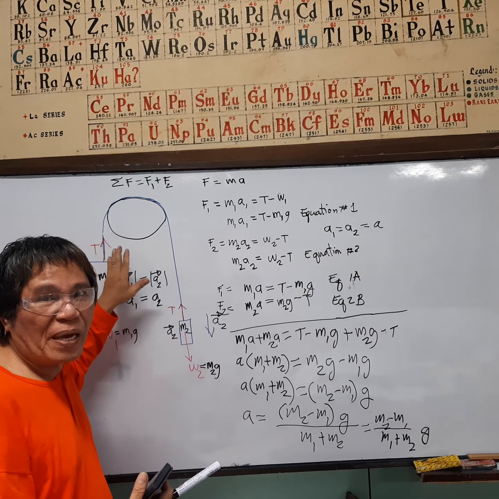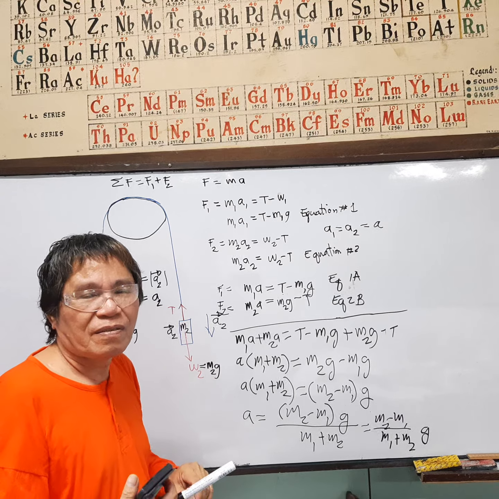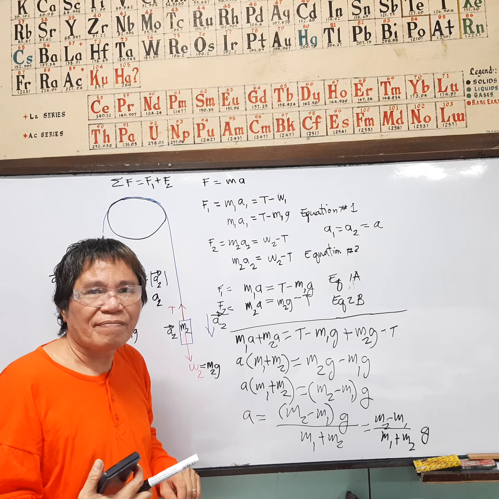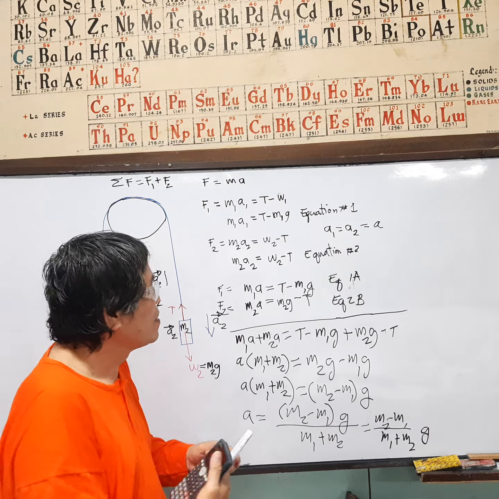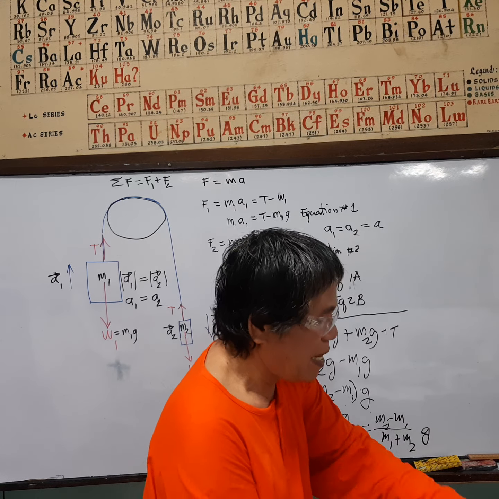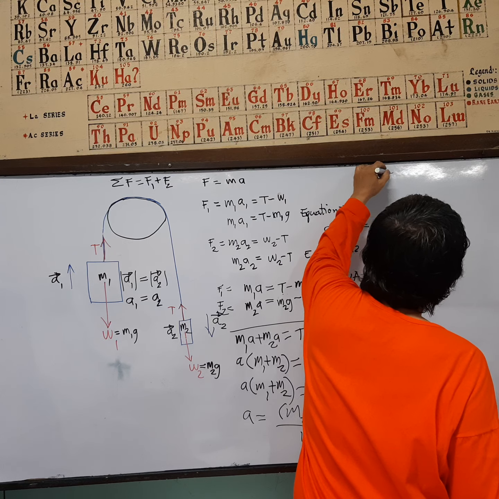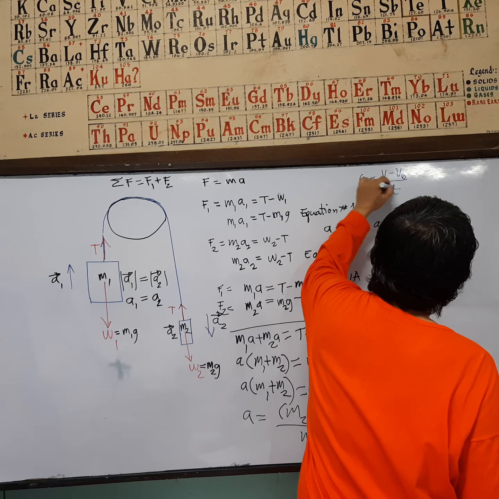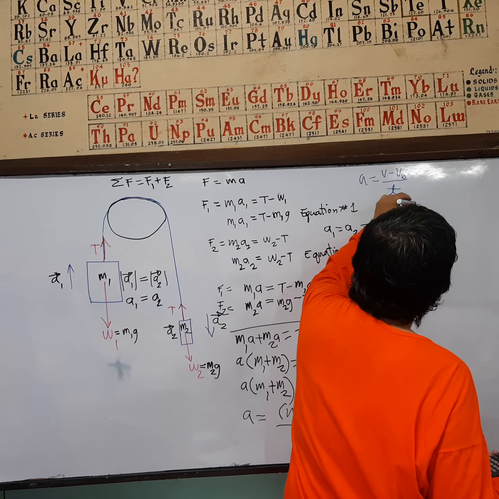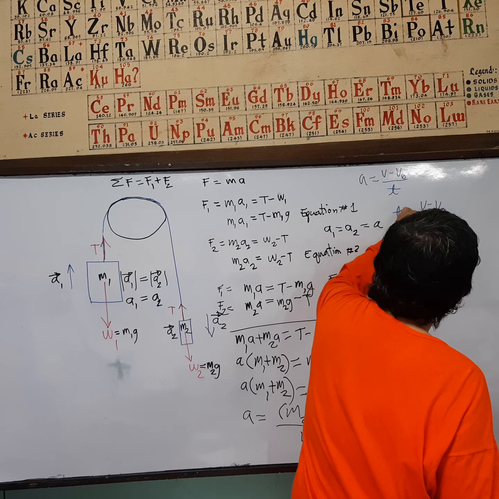In the process of stopping and finally stopping, how many seconds will it take? And so, what equation is to be used? Remember our formula: acceleration equals final speed minus initial speed over the time. Time, therefore, is equal to final speed minus initial speed over the acceleration.